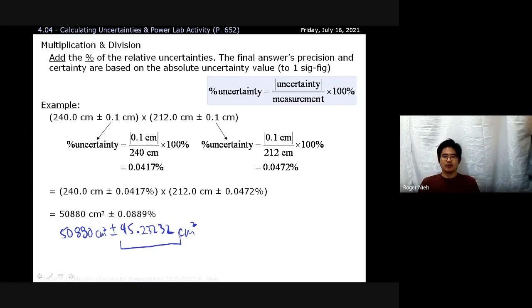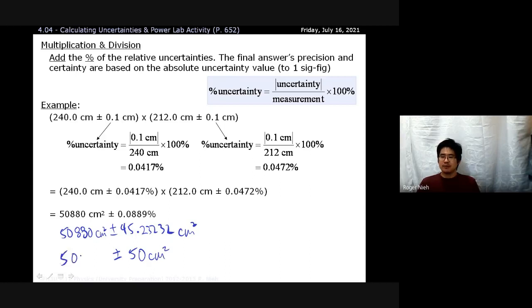And under that argument of about this much, your uncertainties should never show that many significant figures. The general rule is that your uncertainty should only show one significant figure. Some textbooks will say sometimes you can slide with 2, but we'll just stick with one convention: 1 sig fig. So 45.23232 is the same thing as 50-ish centimeters squared.